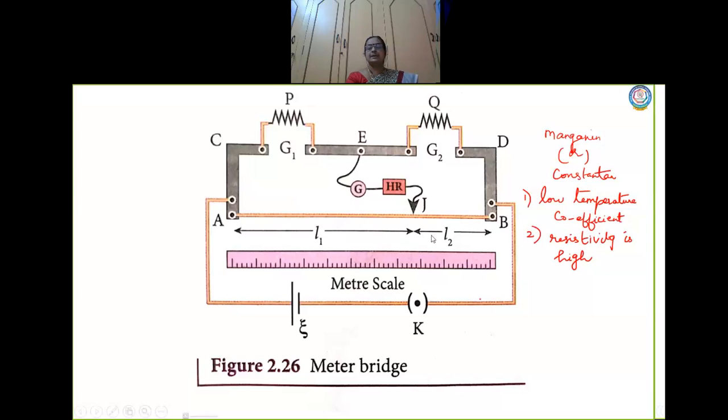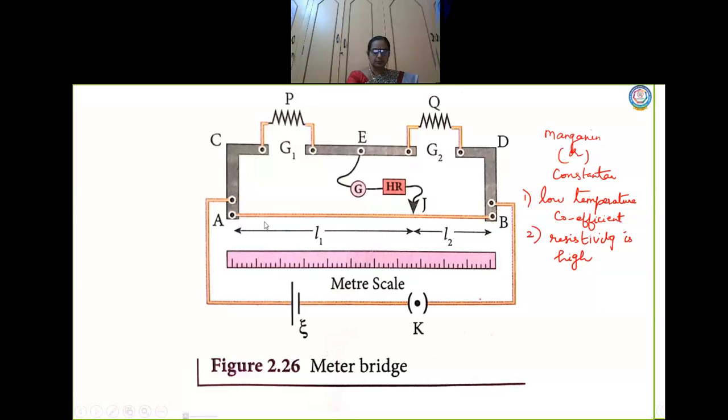Naturally, L2 will be 100 minus L1. Yes or no? As I told you, the length of the wire is 100 centimeter. Now, to get the value of L2, if I measure L1, then 100 minus L1 will give the value of L2. So these are the lengths AJ and JB.